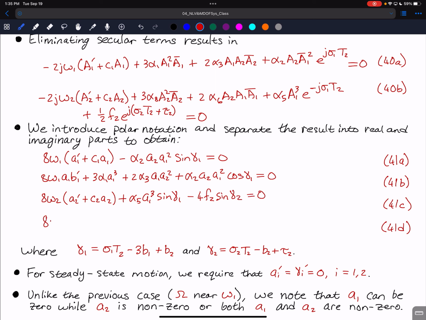And then we'll have 8 times omega 2 times a2 b2 prime plus 3 alpha 8 times a2 cubed plus 2 alpha 6 times a2 a1 squared plus alpha 5 a1 cubed times the cosine of gamma 1 plus 4 f2 times the cosine of gamma 2, and that is equal to 0. And gamma 1 and gamma 2 are just shown there.